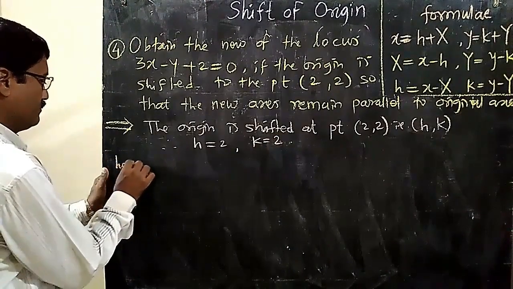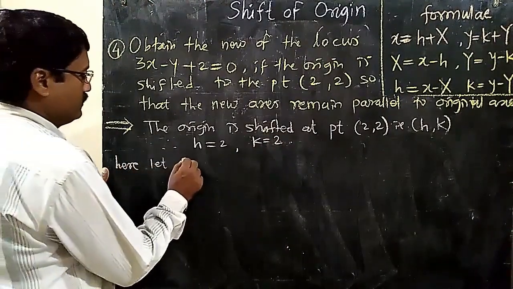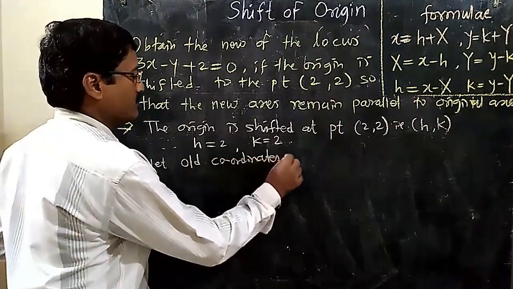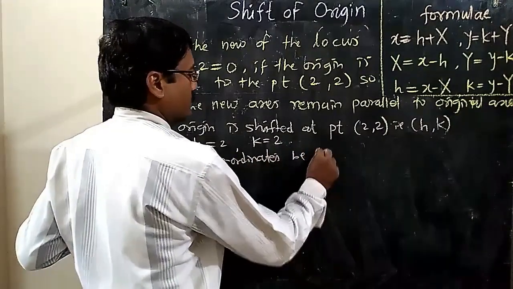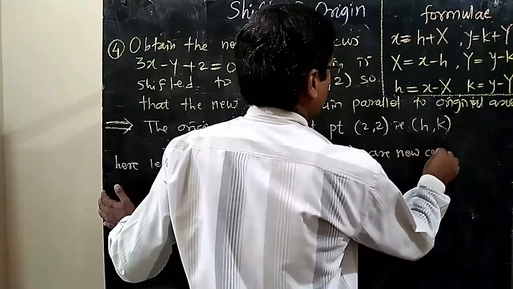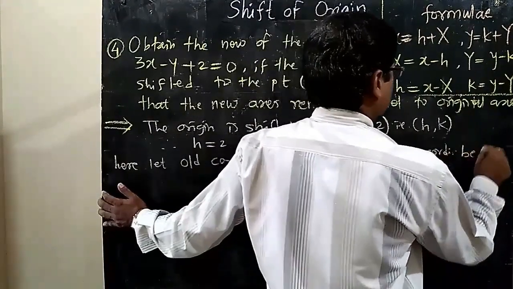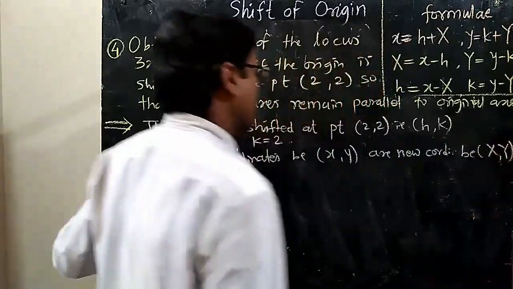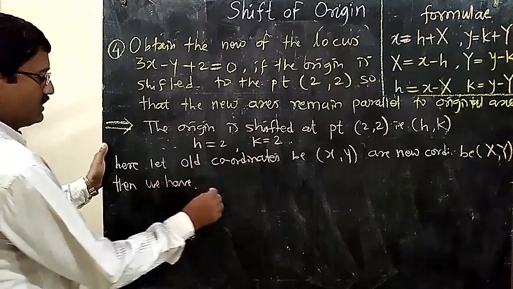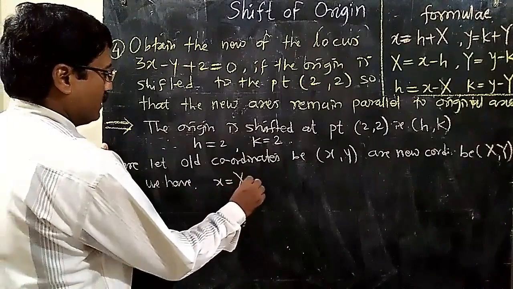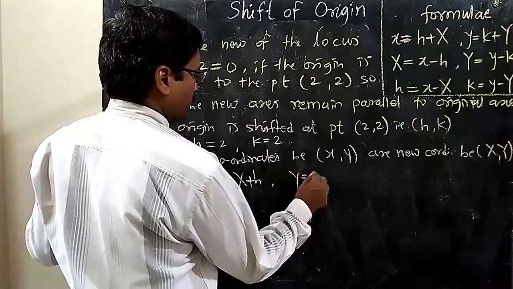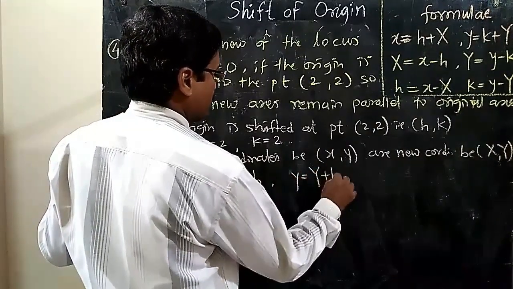Here let old coordinates be x, y and new coordinates be capital X, capital Y. Then we have small x is equal to capital X plus h, and small y is equal to capital Y plus k.